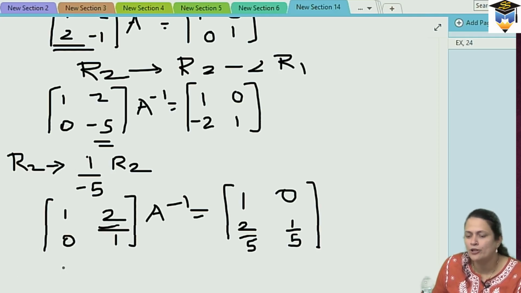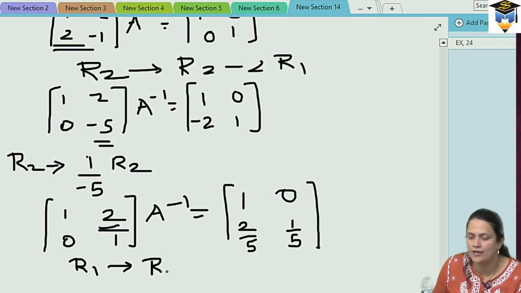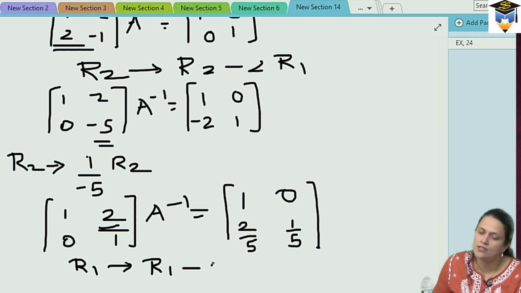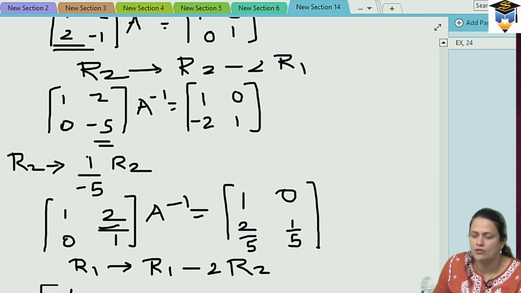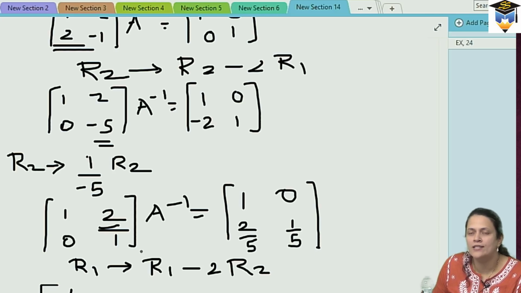So what I am going to do, R1 I am going to change in such a way that it is R1 minus 2R2. So now 1 minus 0 is 1 only. 2 minus 2 into 1 is 2 minus 2, that is 0. And R2 will remain as it is. On the right hand side also you are going to apply the same thing.